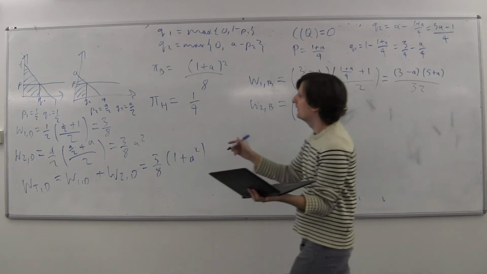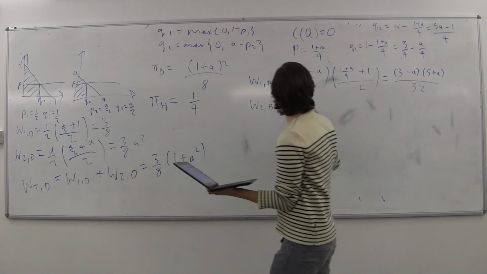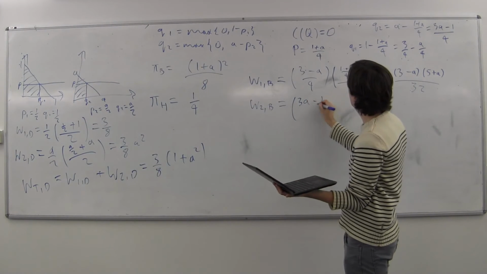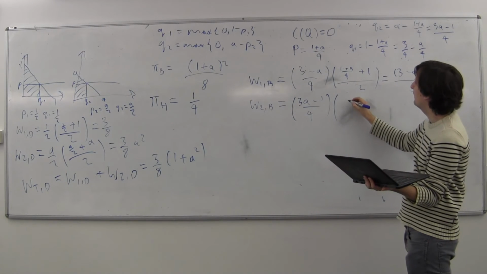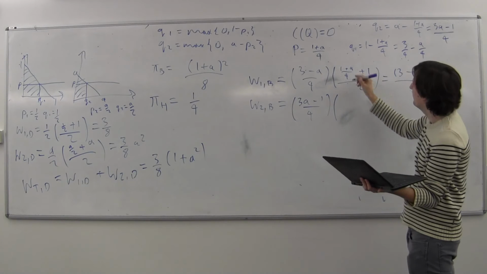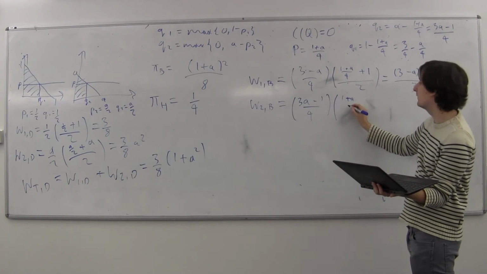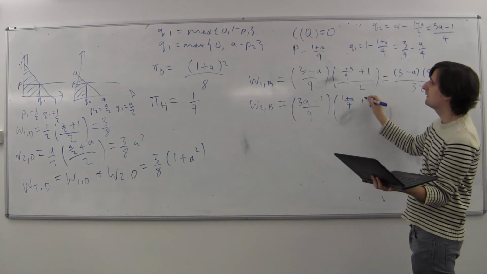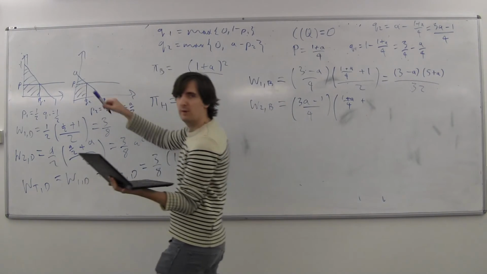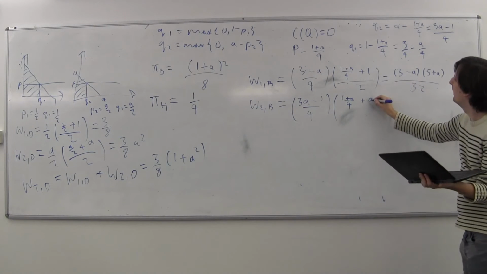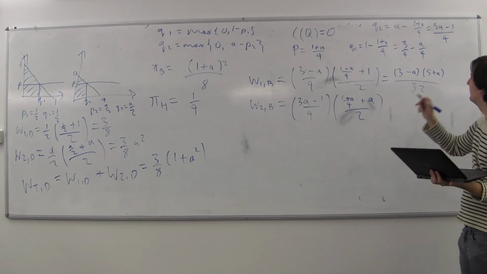The quantity term there is what we just had, 3A minus 1 over 4. And then we have the average of the price, which is the same as before, 1 plus A over 4. And the height of the trapezium, which was A, all divided by 2.